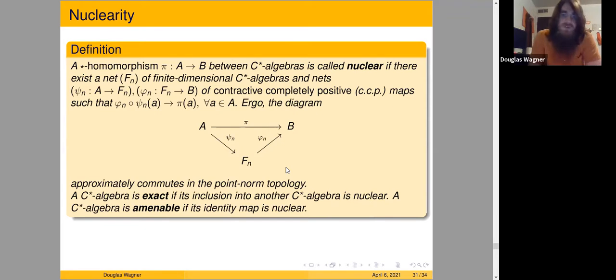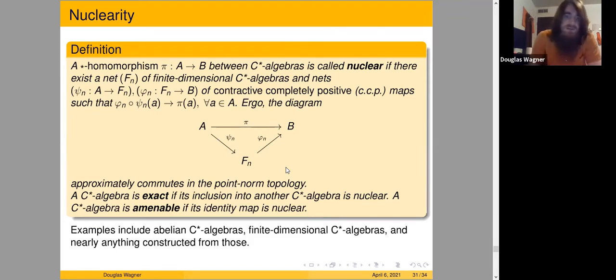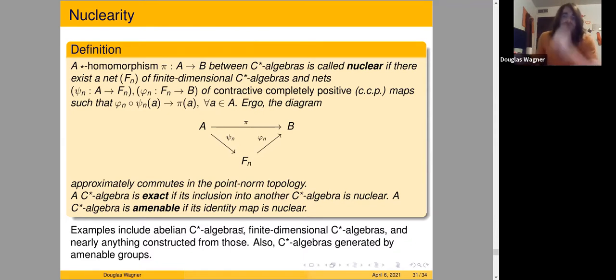So examples of amenable C-star algebras include all your favorites. Abelian C-star algebras, finite dimensional. Abelian, we saw on the previous slide. Finite dimensional, we don't even need the decomposition, and anything constructed from those. It also includes C-star algebras of amenable groups, and that is yet another equivalent definition for an amenable group.